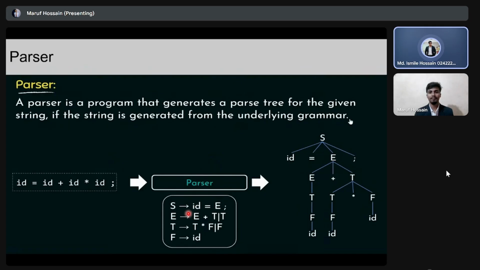We have an input string id equal id plus id into id and a set of grammar rules. The job of the parser is to analyze the input and verify its structure against the grammar, producing a parse tree which visually represents the syntactic structure of the input.